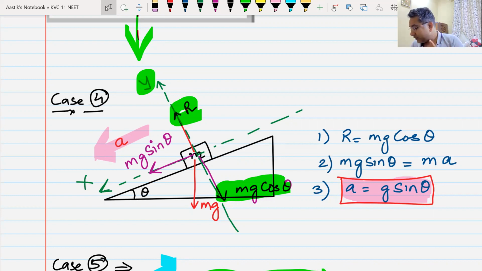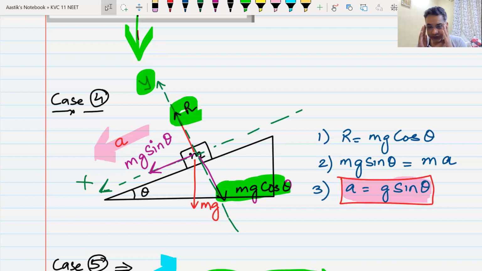The only difference between this question and the question that we are doing now is that there is friction between the inclined plane and the block. So if you remember this answer, you will have to also remember the answer that we get in this case. In this case, the answer was g sine theta.